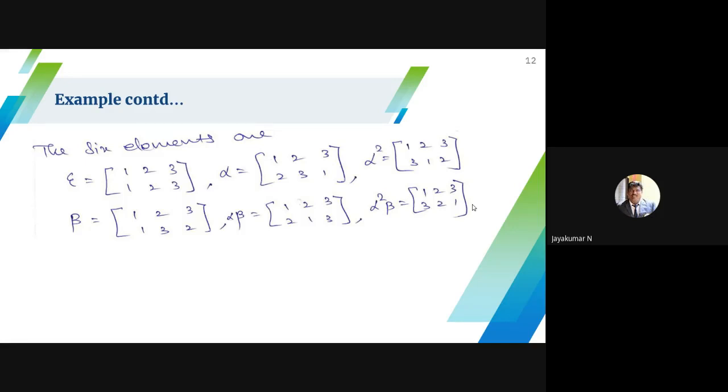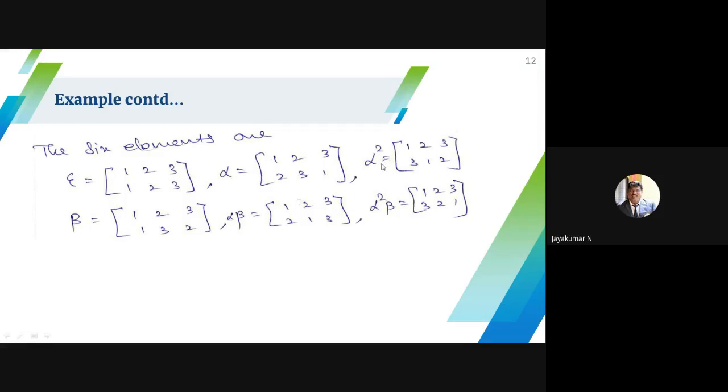So if we choose S3, the set has 3 elements. That means at least you need 3 different permutations, using which you can generate the remaining 3. So here I choose epsilon first. Then you can choose any other permutation, say alpha. Try to square it, cube it, up to when you get the identity element. When you get the identity element, you choose the step before.